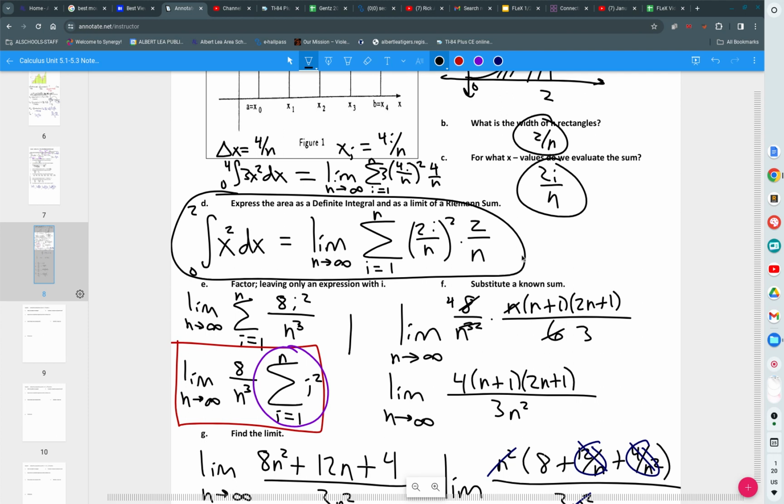Good, you have the right idea. Good, good. So now you just substitute something over that. Substitute our known sum. Just like you substitute that guy, that's exactly what you're gonna do here. Good, you got the idea?